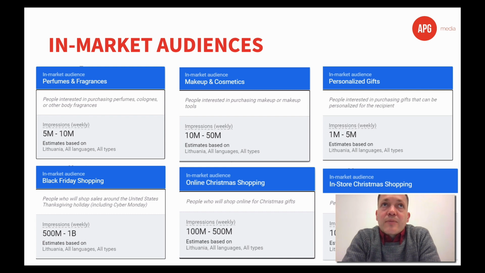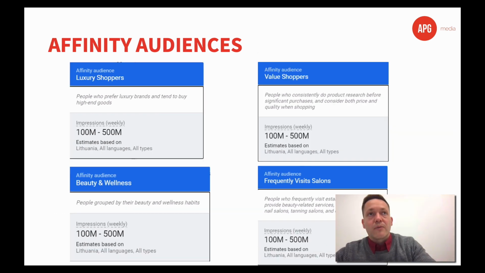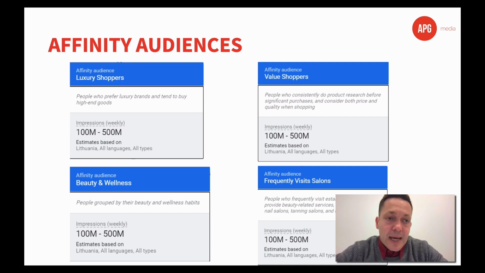We have rules which will pause the audiences if they are outperformed by the other audiences. That's a very simple rule which is implemented in that campaign. You can find these in-market audiences with the help of the Google Ads audiences tab.